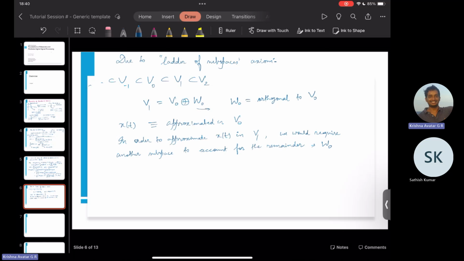The reason is that in V1 space, any signal, say x of t, is piecewise constant on an interval n by 2 comma n plus 1 by 2, so this is an interval of length half.